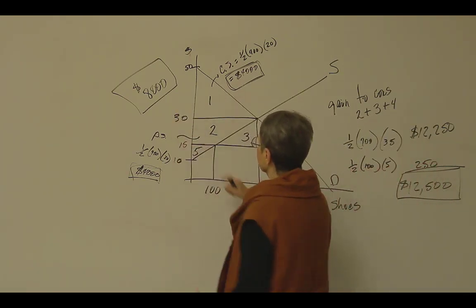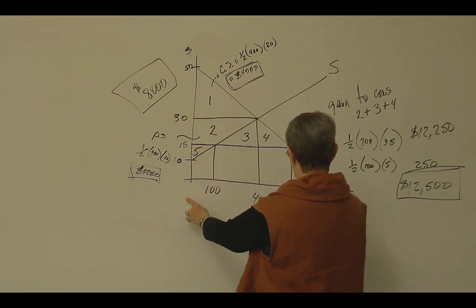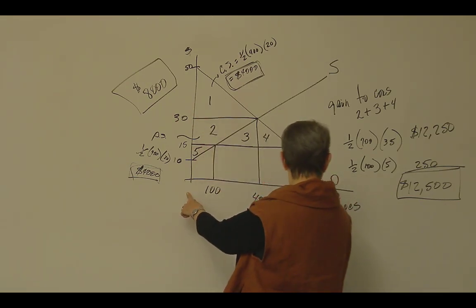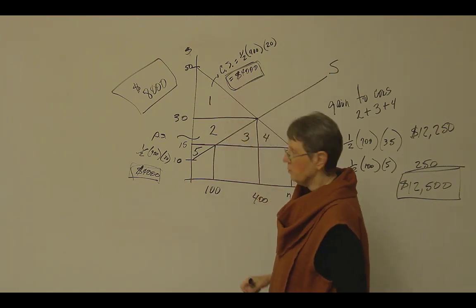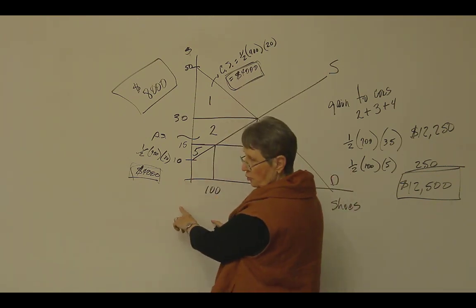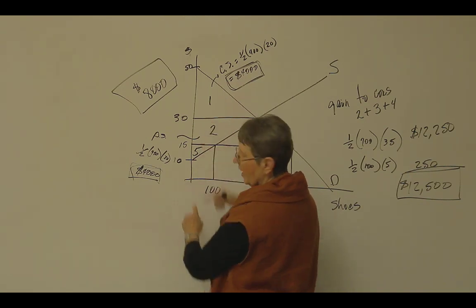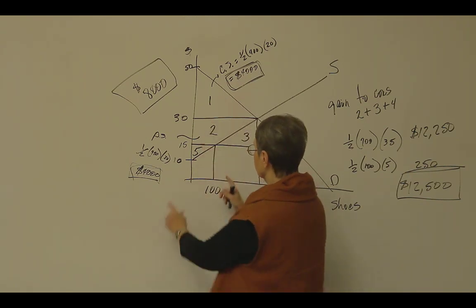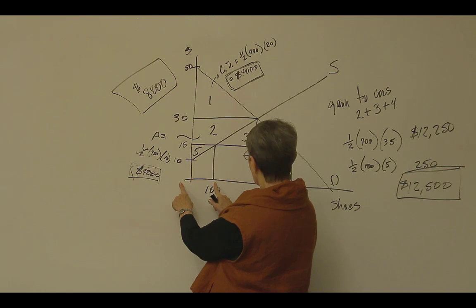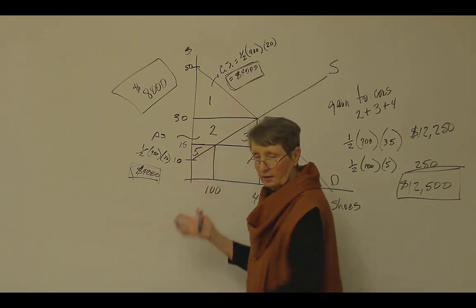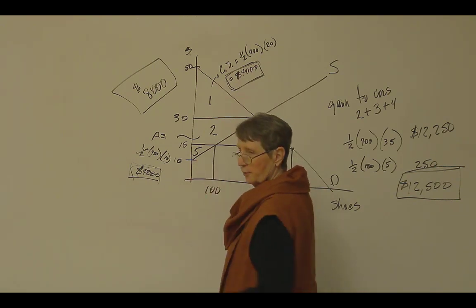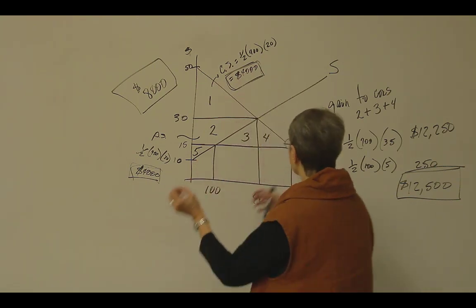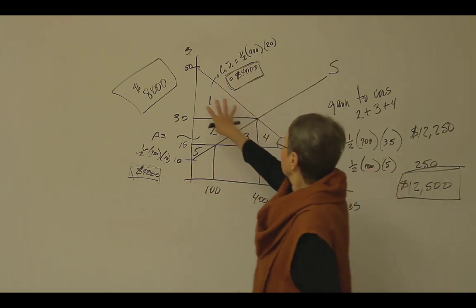Now, what's happened is consumers buy more shoes than they did before, and they buy them at a lower price. The domestic producers actually sell fewer shoes than they did before. They're only going to sell 100 now instead of 400, and they only get $15 for them instead of $30. So domestic producers have lost, domestic consumers have gained.